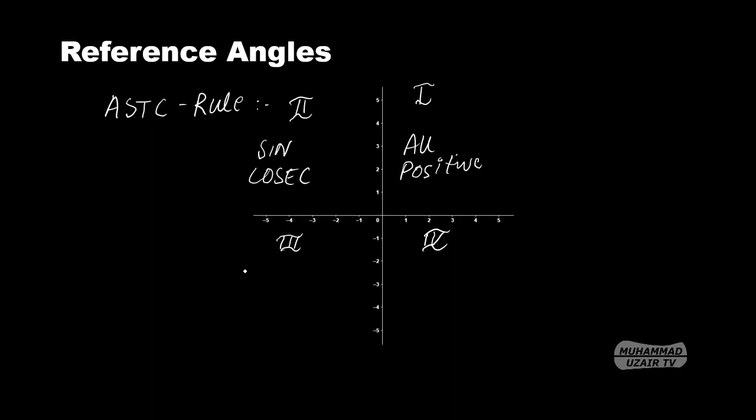In the third quadrant, only tangent and cotangent will be positive. In the fourth quadrant, cosine and secant will be positive. To remember it easily, we can say ASTC. So we will use the ASTC rule.